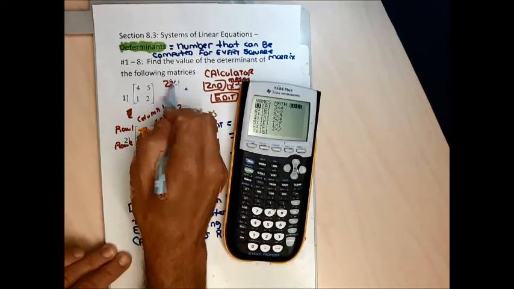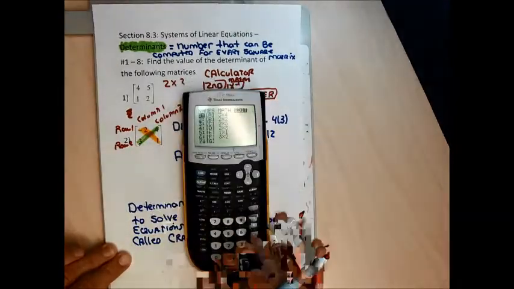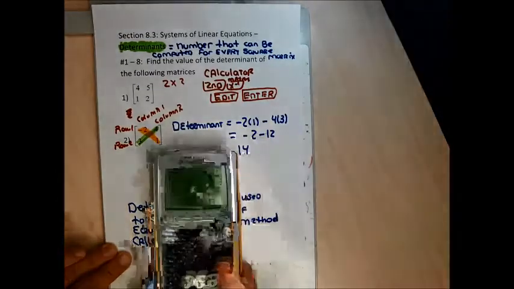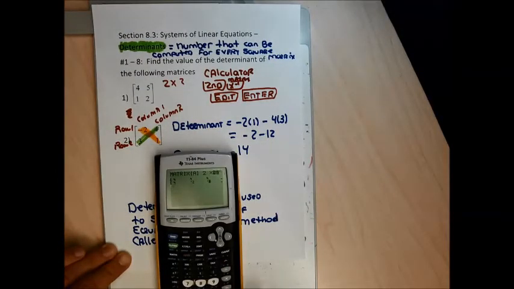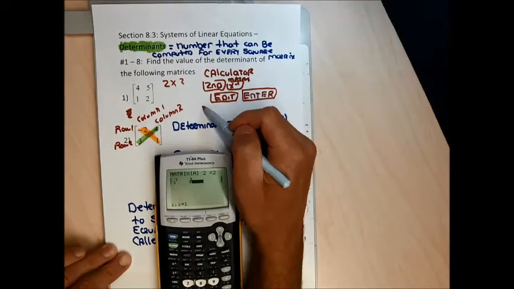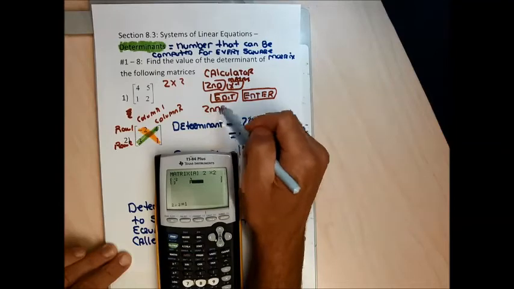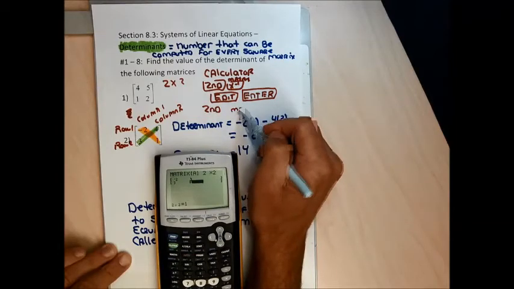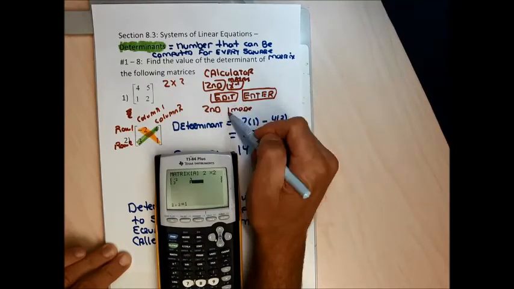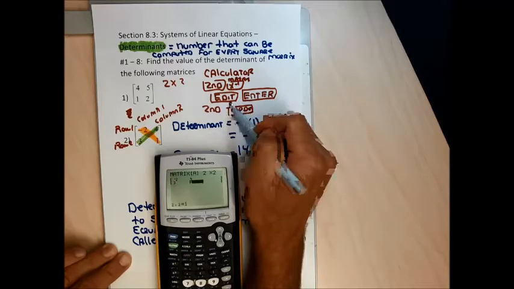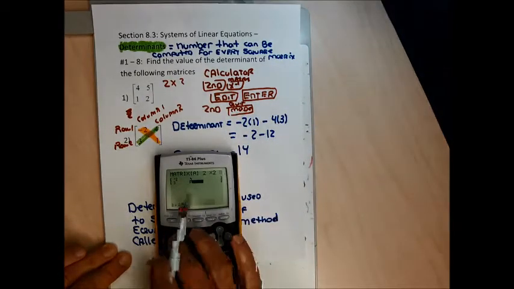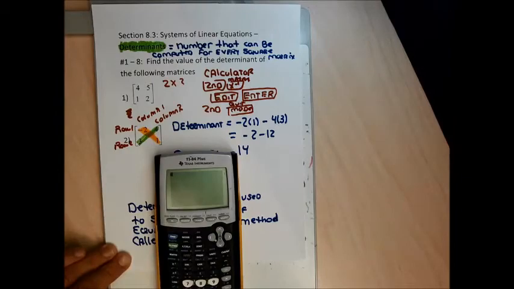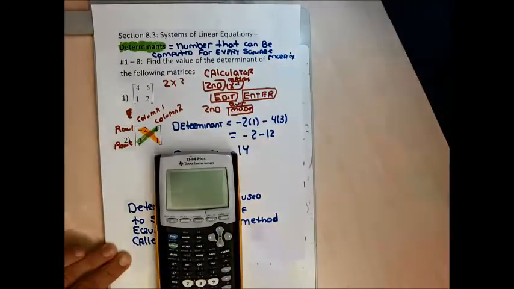So I hit enter, and then I'm going to type 2, enter, 2, enter, and just enter these -2, 4, 3, and 1, so that I have all 4 entries in. Then I'm going to hit second and quit to get out of the matrix entering mode, exactly the same process that we did in the last section.